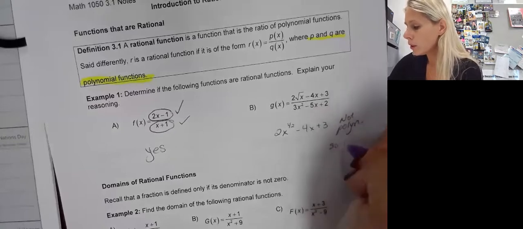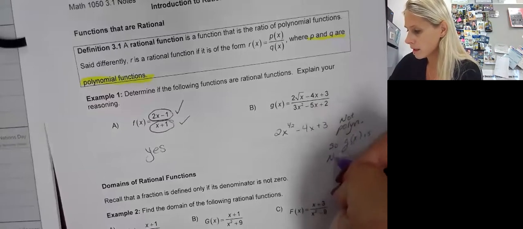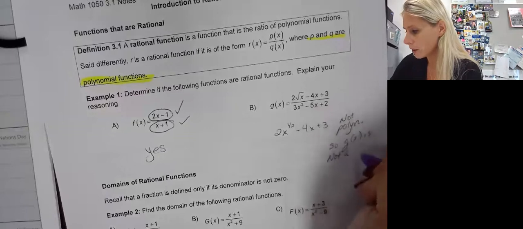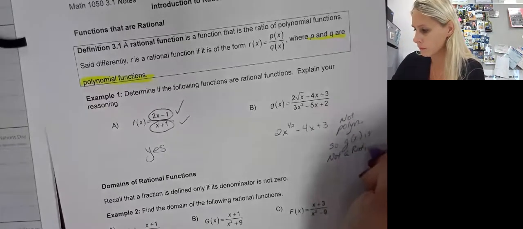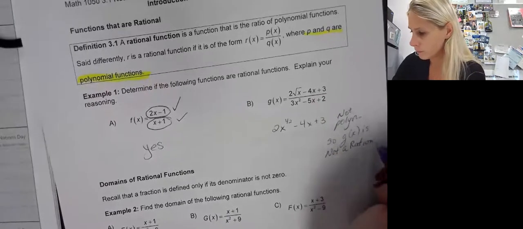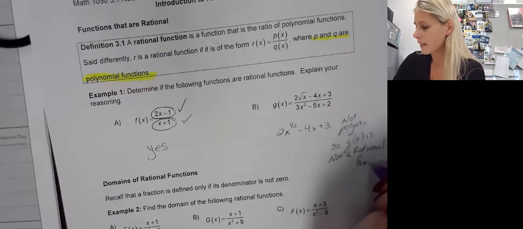So g of x is not a rational function. Sorry guys, I'm writing slow. There we go.